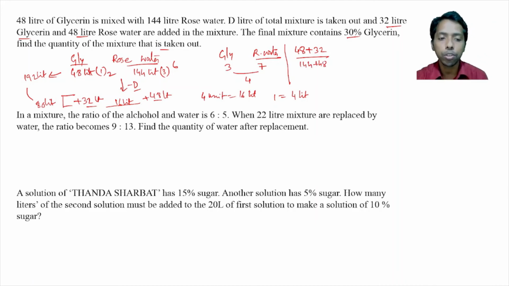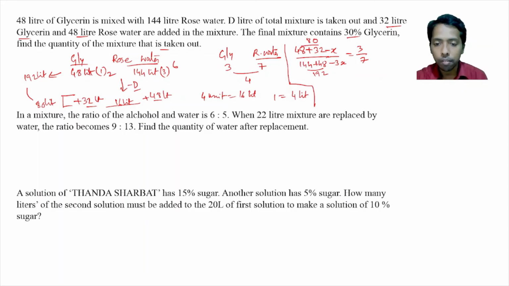Now what's the ratio here? That is 1:3. 1:3 total quantity is 4 units. So x units and 3x units are removed from this. In ratio form, I'm talking about. Now this is 3/7. Just calculate it. This is 80, right? And this is 192.